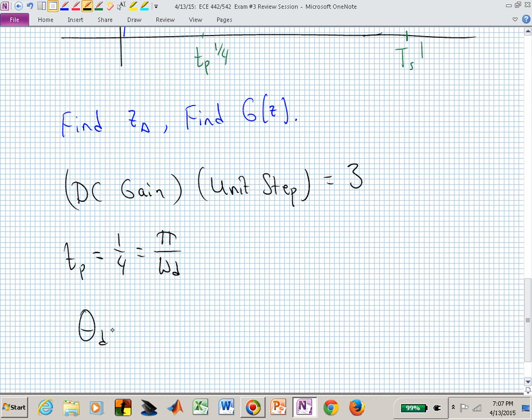You know that theta sub d is omega sub d times capital T, so that now, solving this equation for omega sub d, you could say that's theta sub d over T.